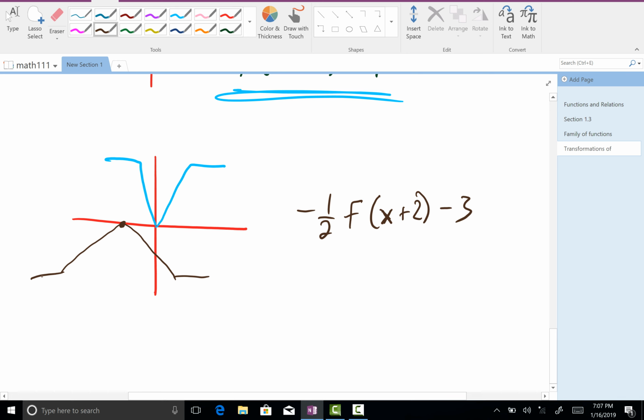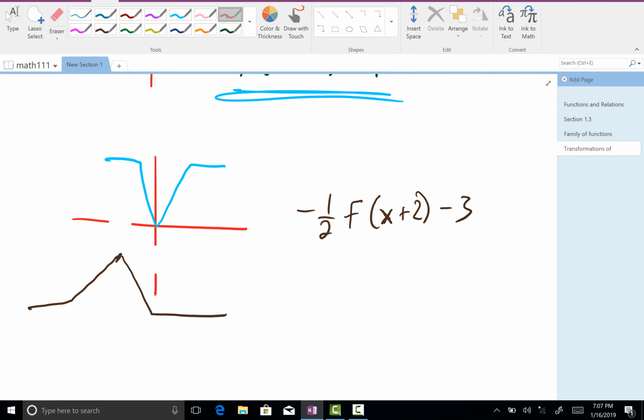All right, and then what's going to happen to it after we've done that? Down 3. So the real answer is down here someplace. All right, and it's okay to draw it a couple different times, that's okay. Just erase it or something. Just make sure you're using a pencil. All right, so it's going to look like that.